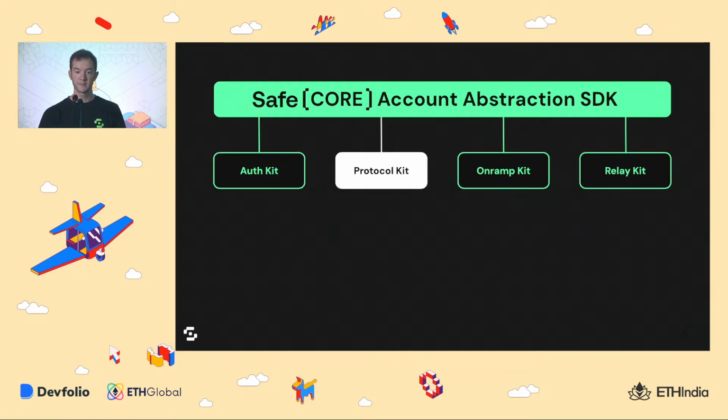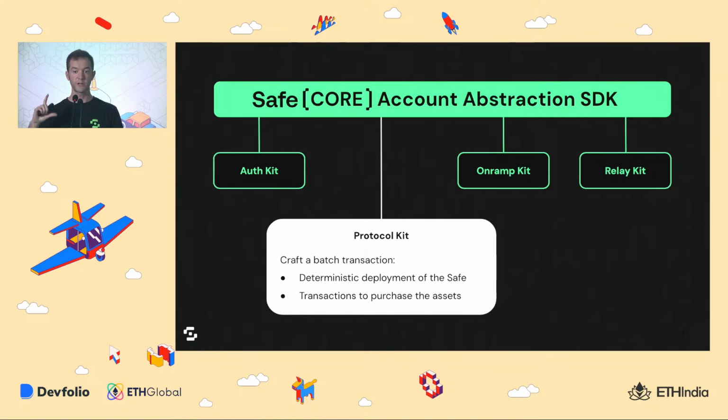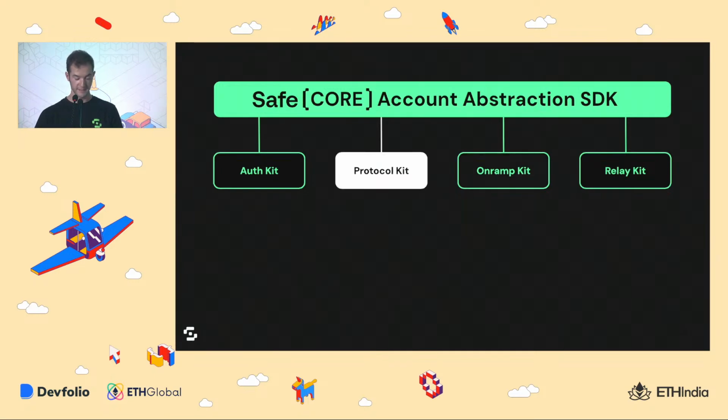Then the protocol kit behind the scenes will create a batch transaction after the user selects all the NFTs they want to purchase. This batch transaction will contain first a transaction that will deploy the Safe, and second, all the transactions, if there are multiple, to buy the NFTs from the Safe.